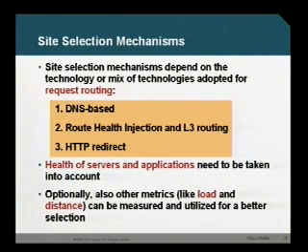Route health injection is basically your servers are being load balanced by content switching devices, right? Your SLB devices. So what we can do is that we can use the smarts available on those SLB devices and inject routes up to your routing domain for the virtual IP address. Now everything is being hosted by virtual IP addresses, right?